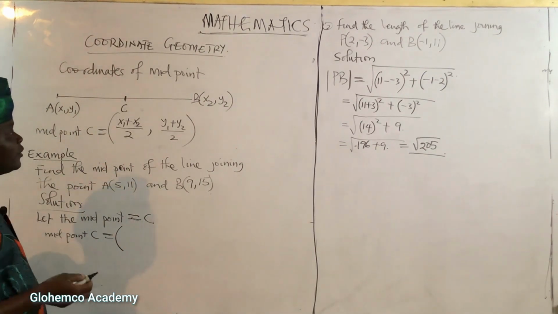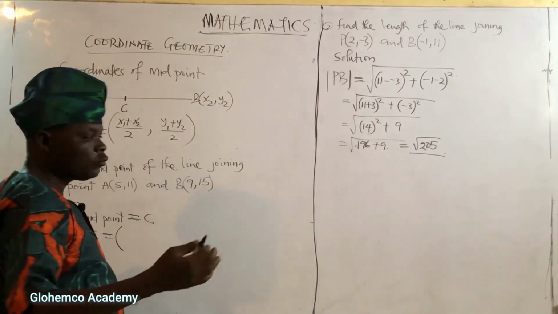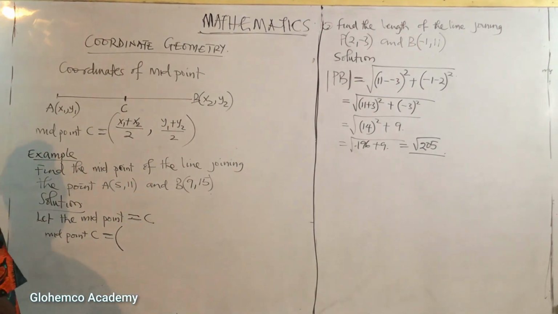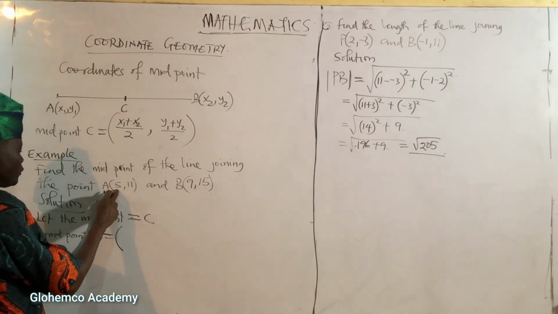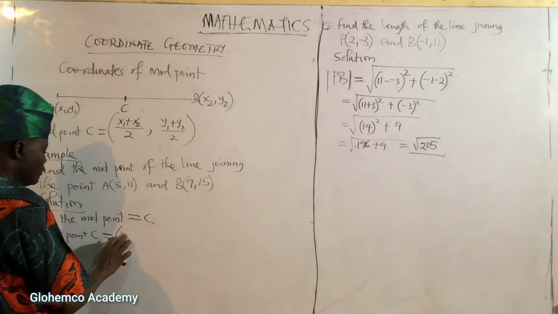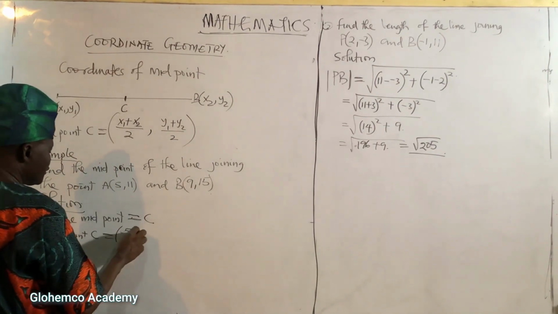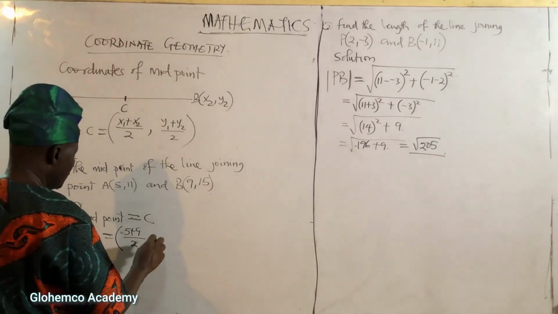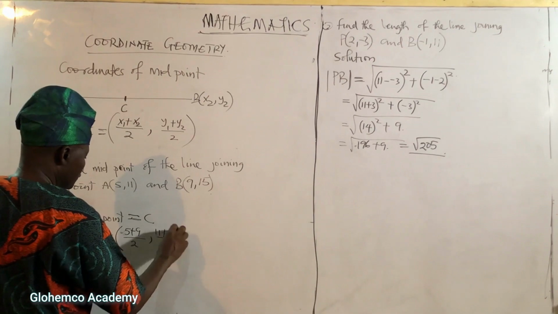At any time you are finding the coordinate of anything, the value of x must come first, followed by the value of y. In this question, for coordinate A, the value of x is 5, so we say 5 plus the x value here, 9, all over 2, comma, then 11 plus 15 all over 2.